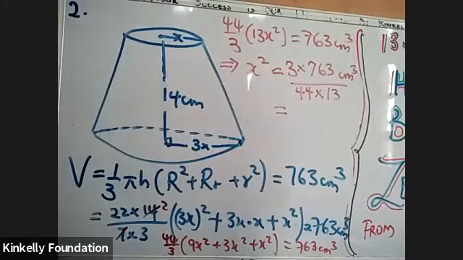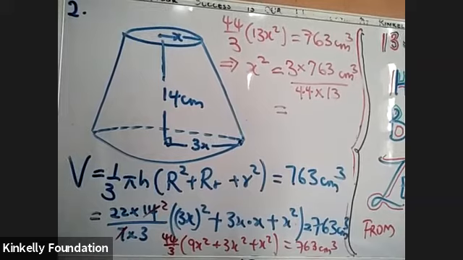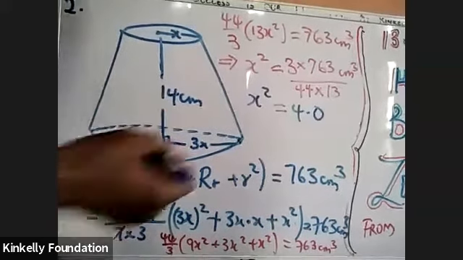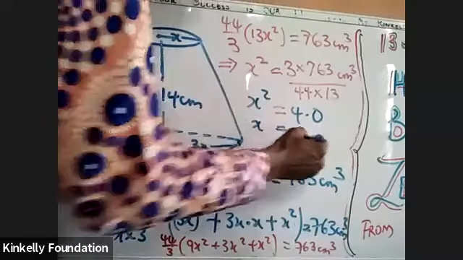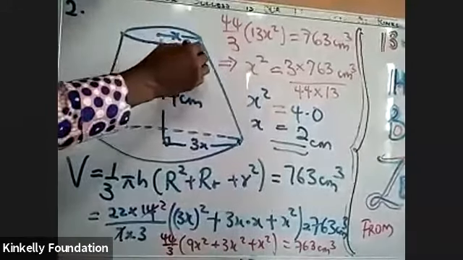Now, what do you get there? Now you see that x is 2 cm. Here will be 2 cm from this length.